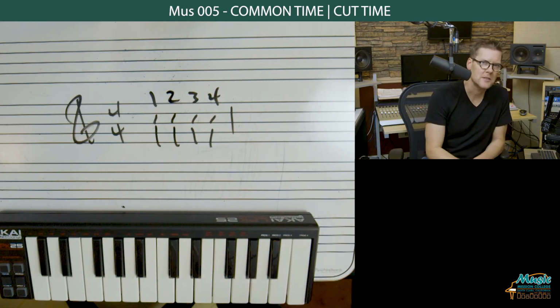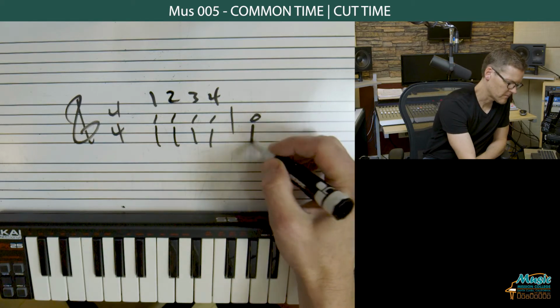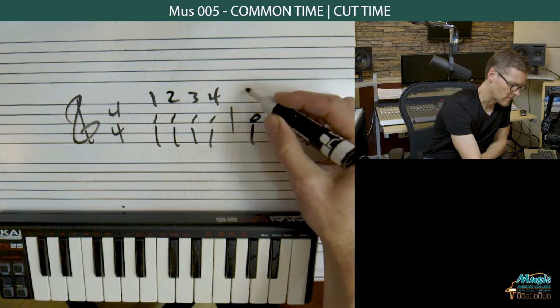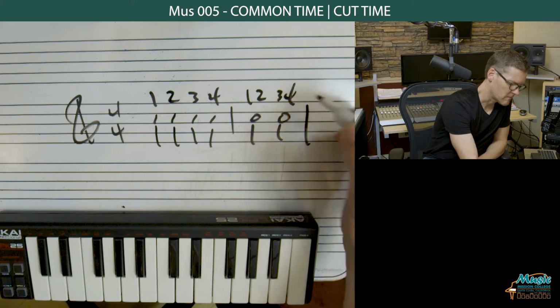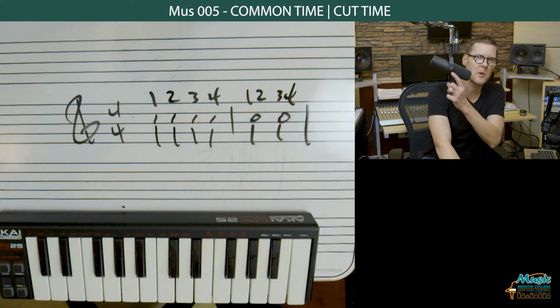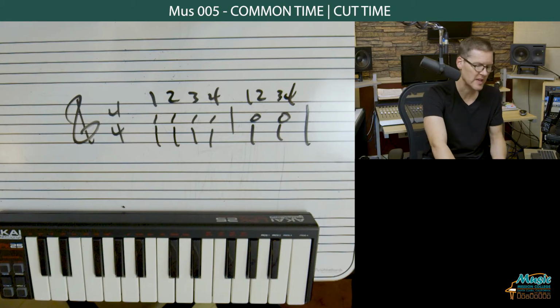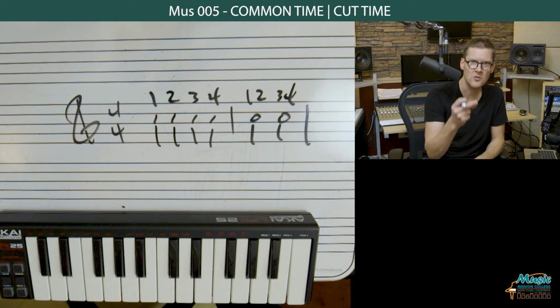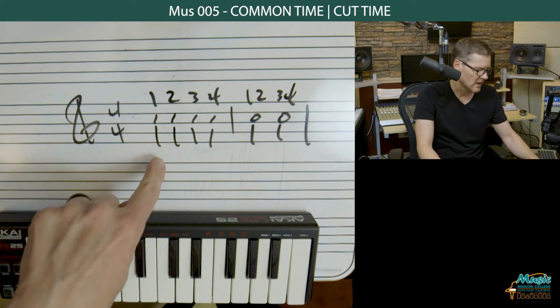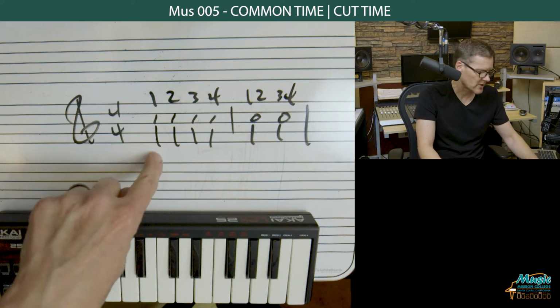If you look at half notes in 4/4 time, you can put 2 inside of a measure. And when we count them, we would say 1, 2, 3, 4, right? Because a half note gets twice as much as a quarter note. Quarter notes get the beat.